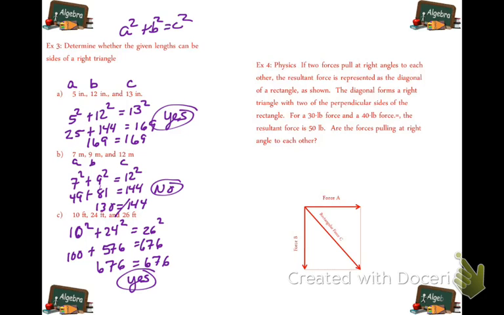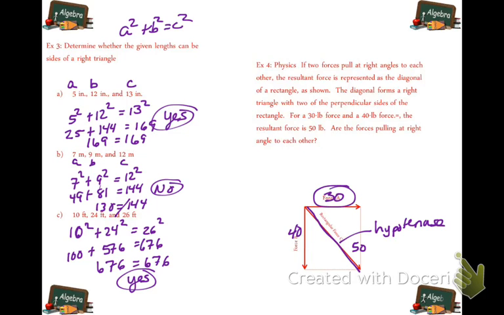Okay, let's look at the word problem on the other side. It's physics. If 2 forces pull at right angles to each other, the resultant force is represented as a diagonal. This diagonal will always be your hypotenuse. Okay, so for A equals 30 and 40, the resultant would be 50.